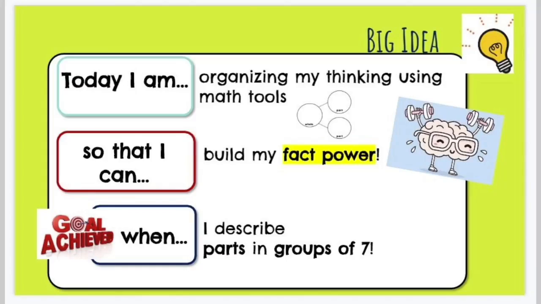The goal is a little bit different though today. Our goal will be achieved when I describe parts in groups of 7. So we've been working with whole amounts of 5 and 6. Now we're working our way up to 7.